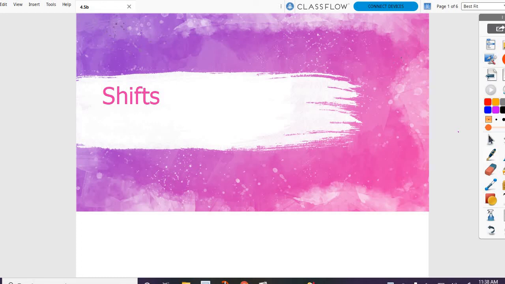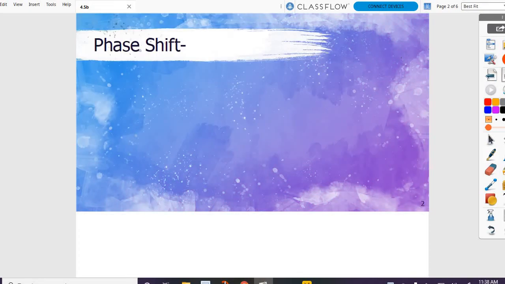Alright, so yesterday we talked about our first two transformations, which were our amplitude and the period. Today we're going to talk about our last two transformations, which are our phase shifts.